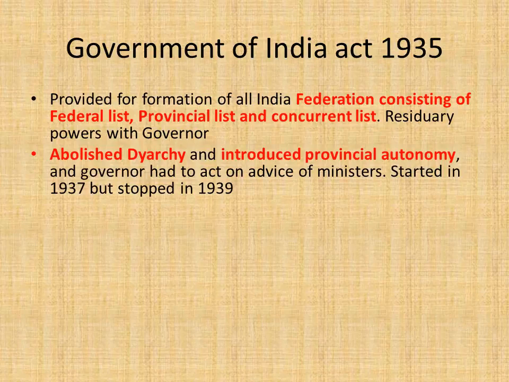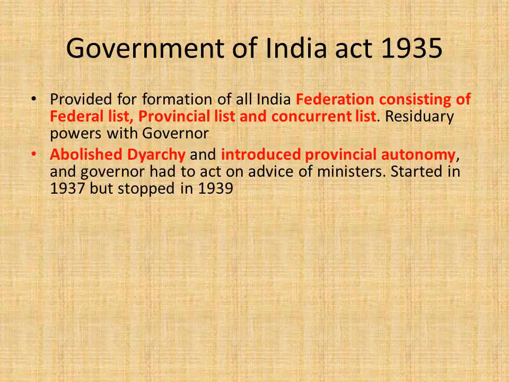As we have already seen that diarchy, or the dual government, was introduced in the act of 1919, where the subjects of the provinces were divided into transferred and reserved subjects, where the reserved subjects were governed by the governor and the executive council.